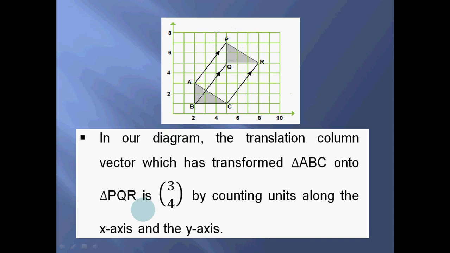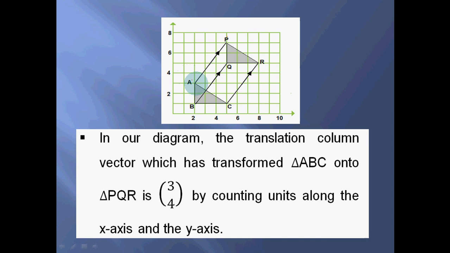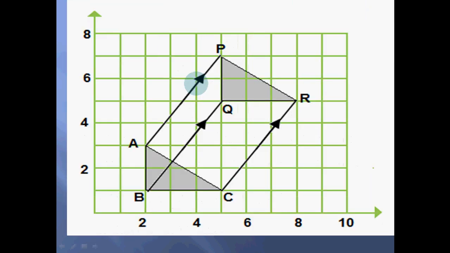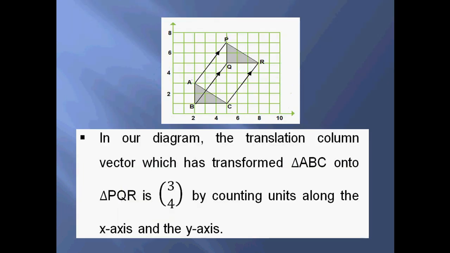I don't know if my pointer can be seen. Let me quickly change and use the arrow. Allow me to go back to the previous slide. The point A here has been shifted onto point P.